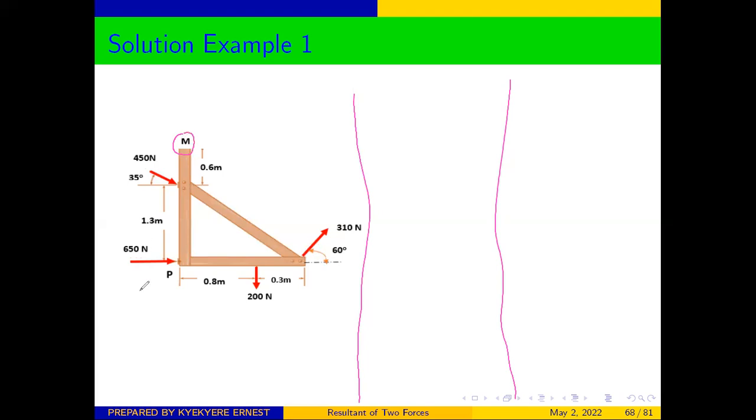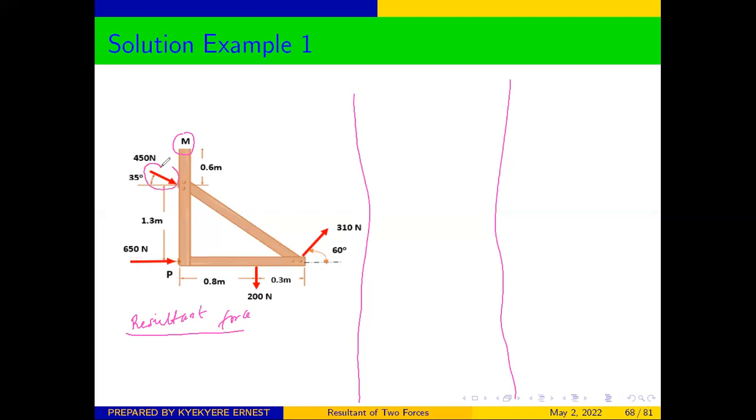So quickly, let's look at how to solve this. I've already told you that since it's two-dimensional, we are going to use the scalar approach. So first of all, let us find the resultant force. But for you to determine the resultant force, first of all, look at these forces here.